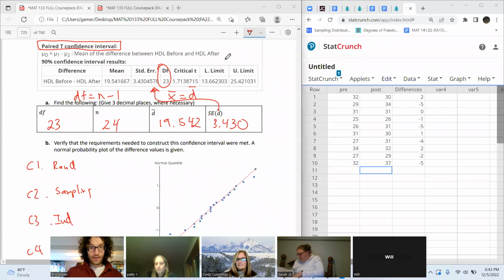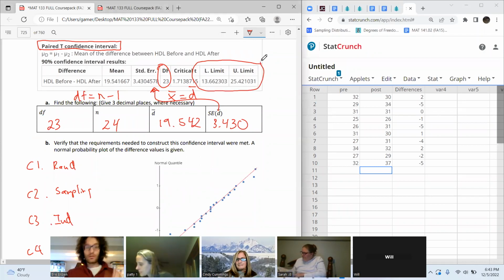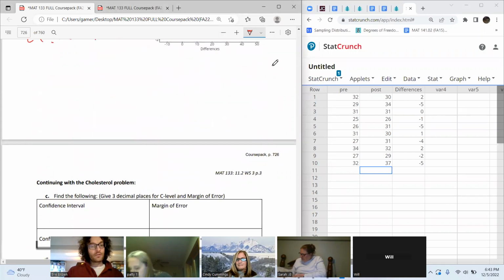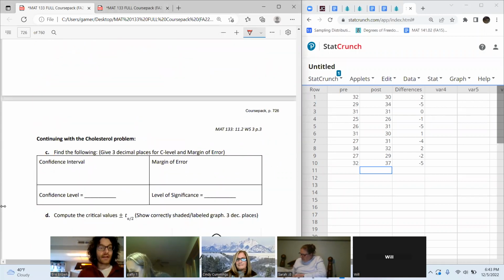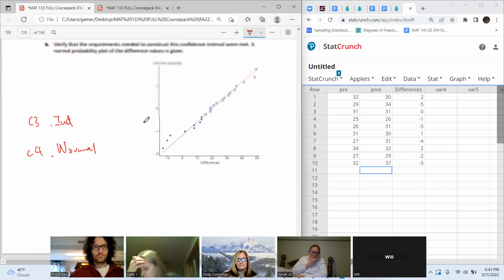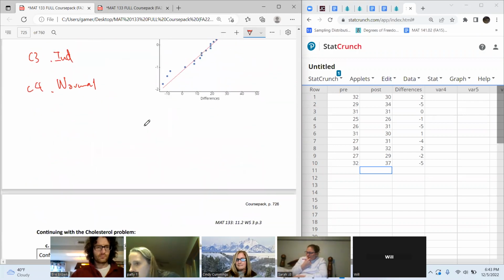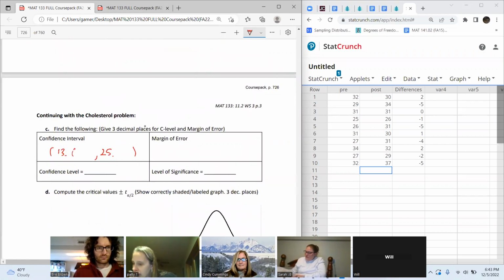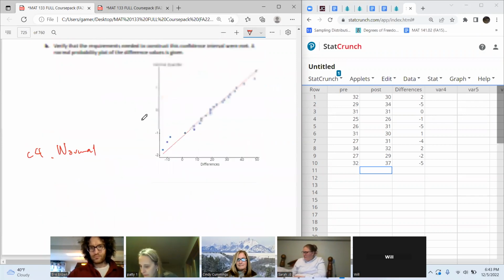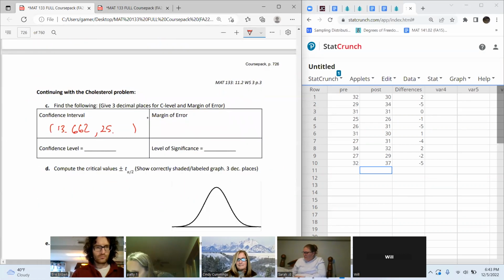Y'all remember that the lower limit and the upper limit are the pieces of the confidence interval, right? So when we say confidence interval, what we're asking for are these. It was 13 point something and 25 point something. Confidence level was always a little tricky, but are you all good at that?